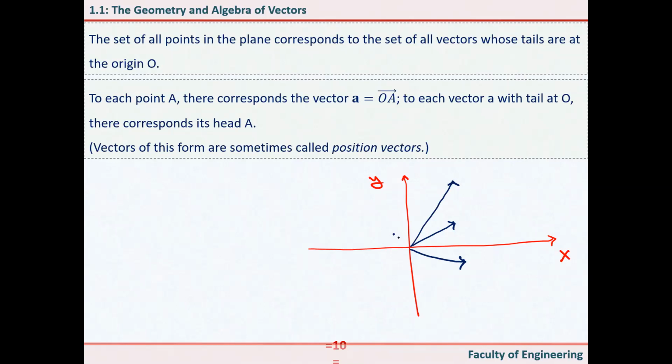If you take another point, it corresponds to this vector. If you take another point, it corresponds to this vector. We have infinite vectors here, because we have infinitely many points, and each point corresponds to one unique vector.